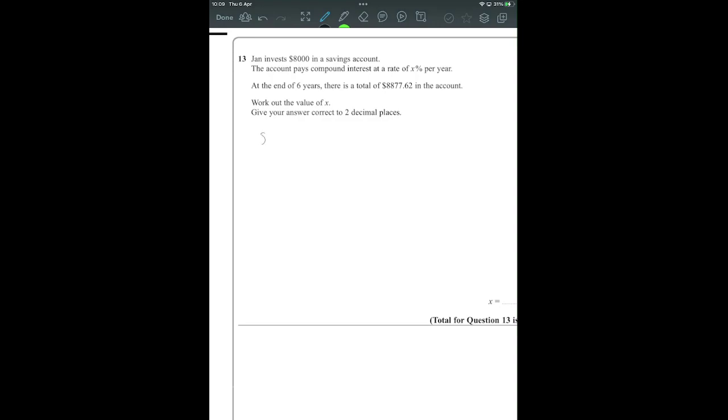So remembering our formula, it was 8,000 times the multiplier, which we don't know, so I'm just going to call it m for now. So the power of the number of years gives me the value at the end. So I have that calculation. Well, let's undo that. Let's divide by the 8,000.